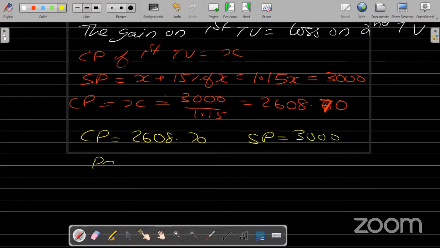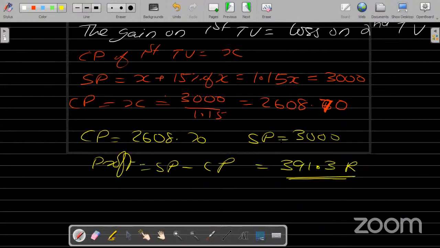So profit is selling price minus cost price, which is 391.3 rupees.